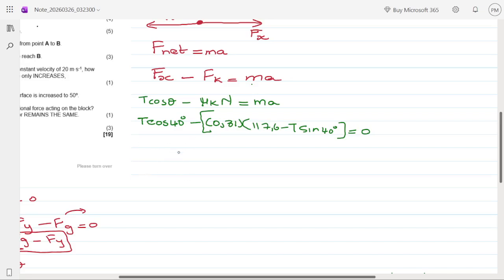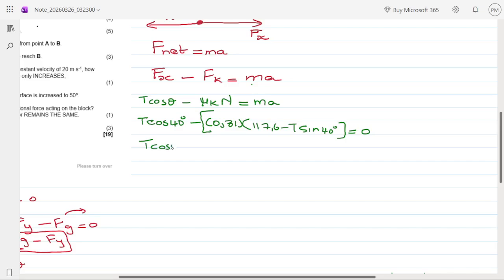When we solve for T, I need to isolate T. So let's quickly work on this. Let's say that we first multiply the bracket by negative.